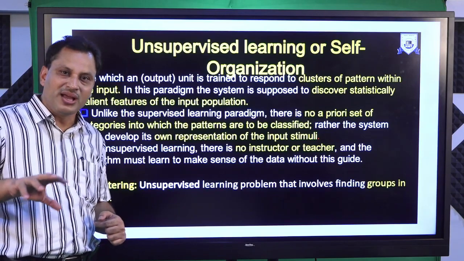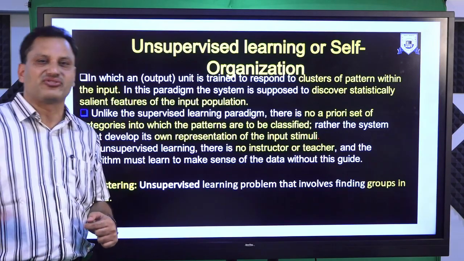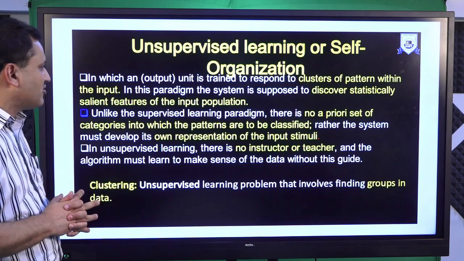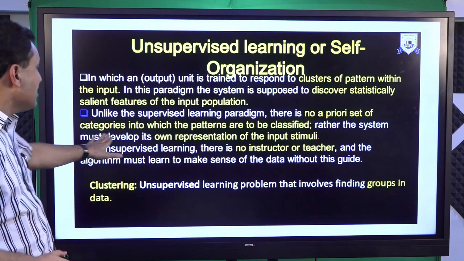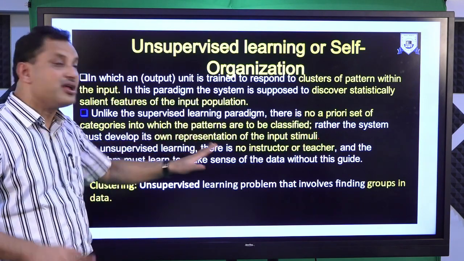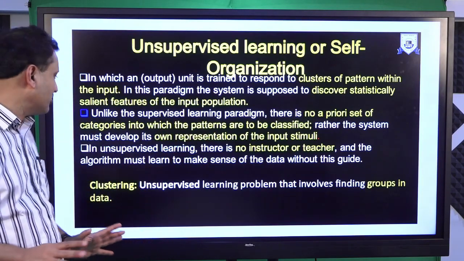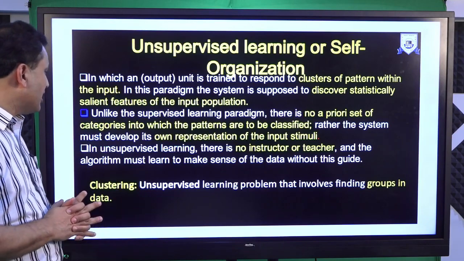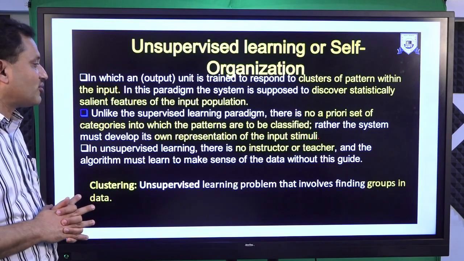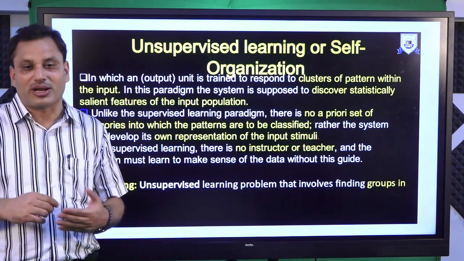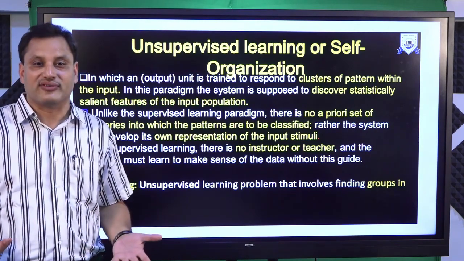The neural network is doing the grouping on the basis of the features of the patterns. Unlike the supervised learning paradigm, there is no prior set of categories in which the patterns are to be classified. There is no prior knowledge available. In unsupervised learning, no instructor or teacher is available. That's a fundamental difference. When you commit a mistake, you learn by yourself.